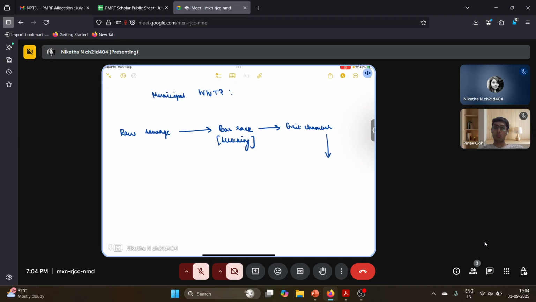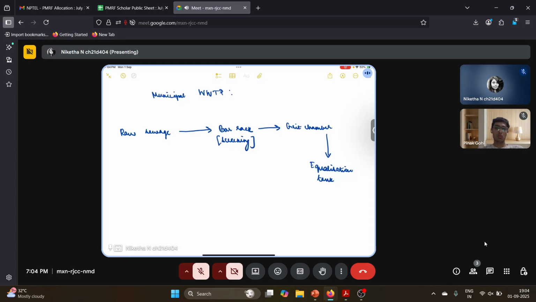And then we have the equalization tank. When you have a large sewage treatment plant, the flow is not going to be uniform throughout the day, right?